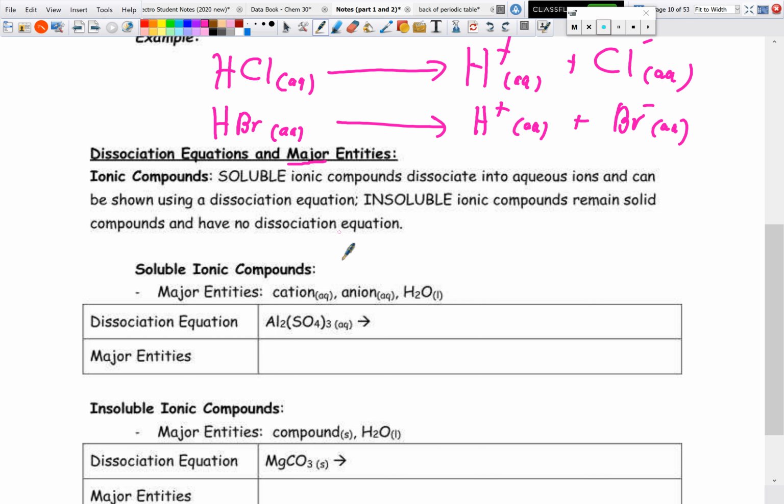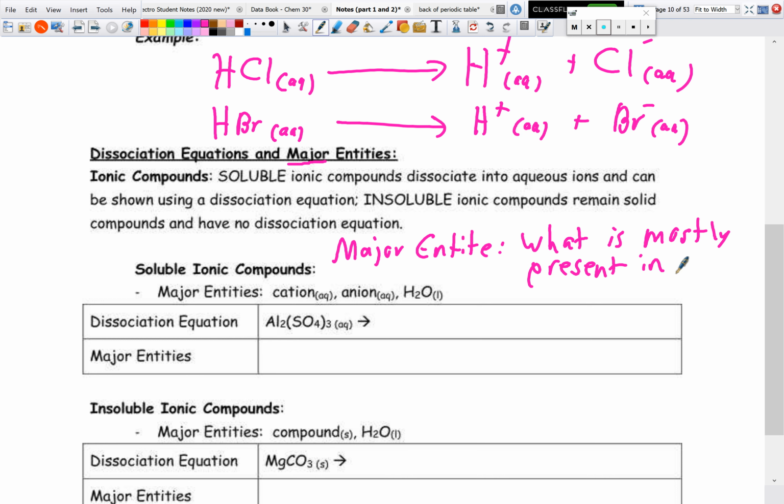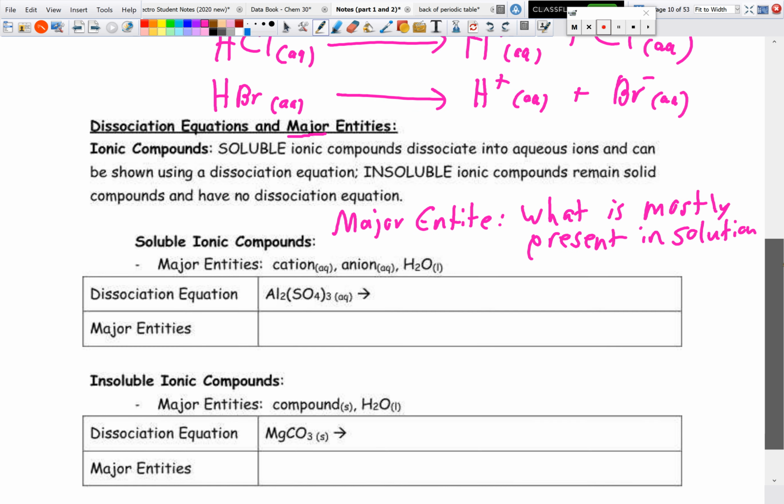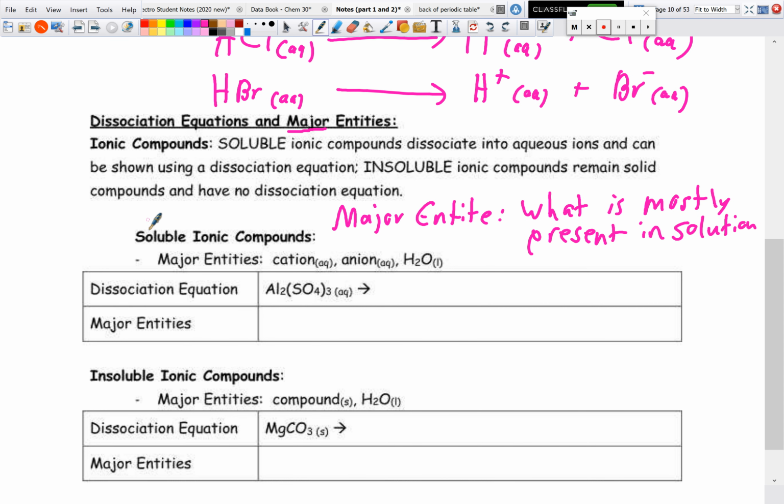Now as for a major entity, it's what is mostly present in solution. So for example, if we have a soluble ionic compound and we're asked to write a dissociation equation, figure out what the major entities are for it.